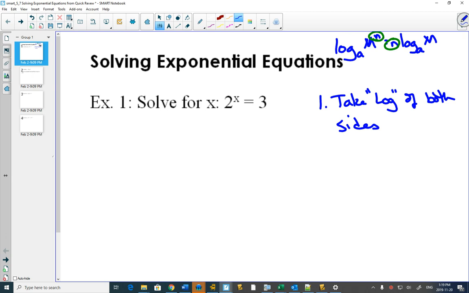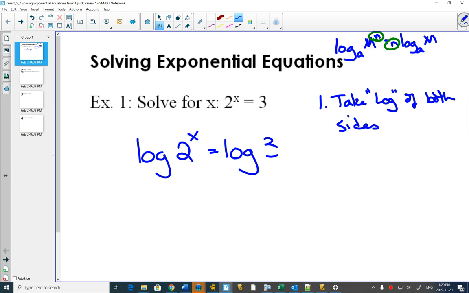You don't need to write this down, these are all your steps. So what does that do? If I take the log of this side and the log of this side, then they're still equal. Does it make sense that it would still be equal?